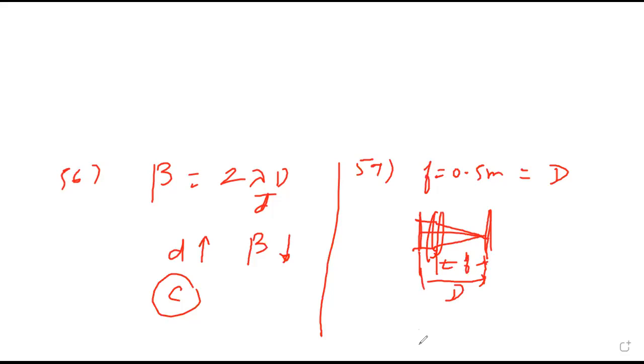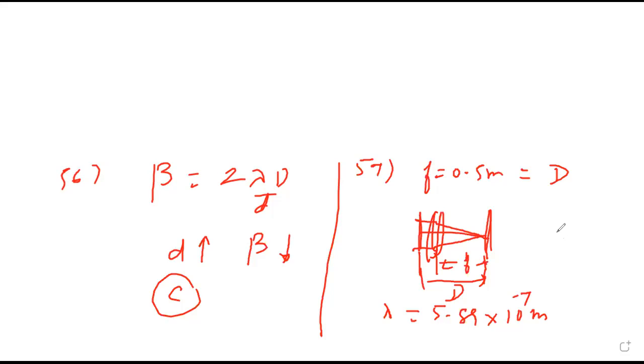It is illuminated by light of wavelength 5.89 into 10 raised to minus 7 meter. The first diffraction minima on either side of the central maxima are separated by 2 into 10 raised to minus 3 meter.